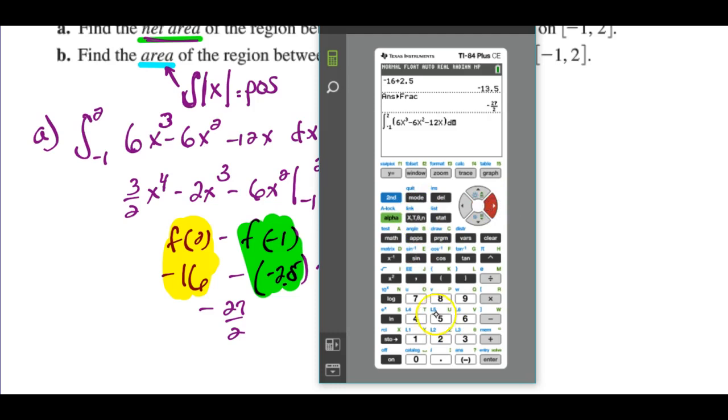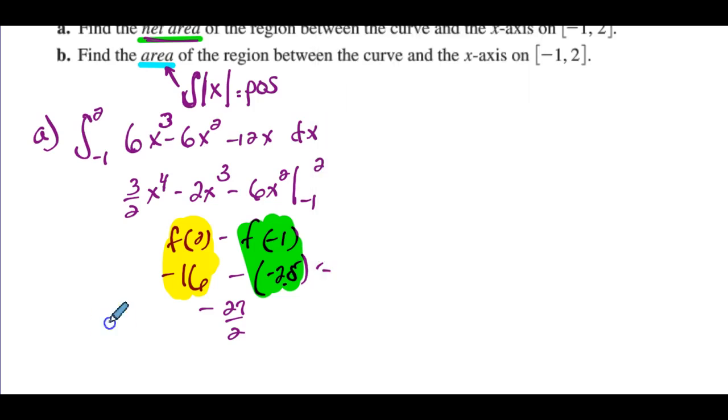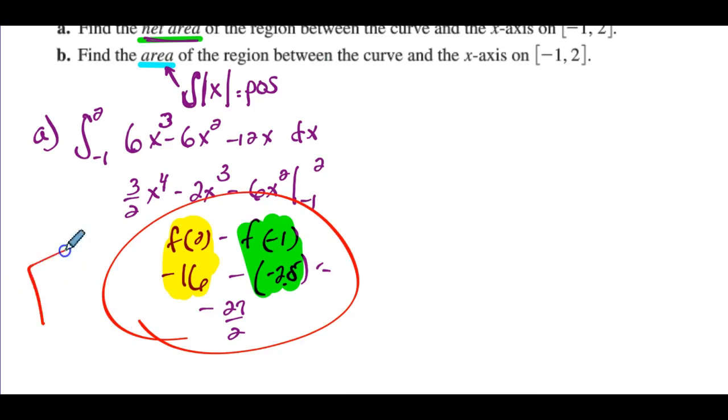Integral of X dx, and sure enough, I get the negative 13.5, same as before. So I'm not as interested in that because you didn't do the fundamental theorem of calculus. You're just using your calculator to find an answer, which is a great checking mechanism. But again, I'd really like to see the fundamental theorem of calculus here.